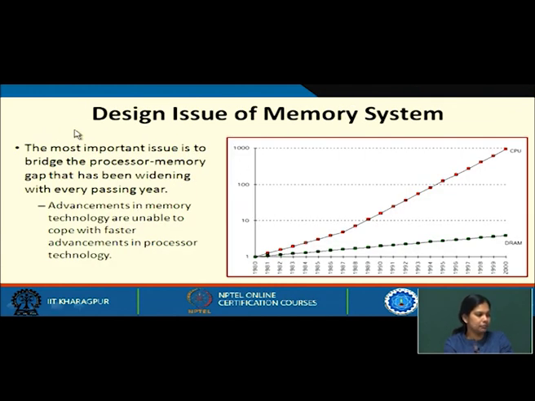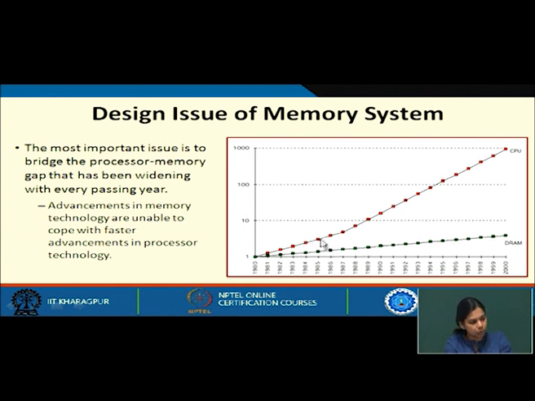Now, this graph I have already shown you earlier while talking about evolution of computer systems, but now let us see the design issue of the memory system. This red line shows the growth of the processor in course of time, and this green line shows the growth of memory technologies.